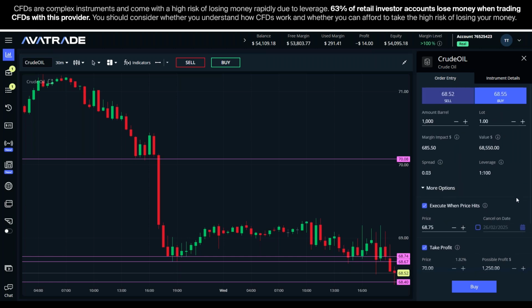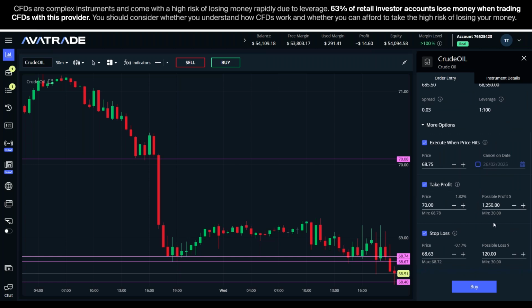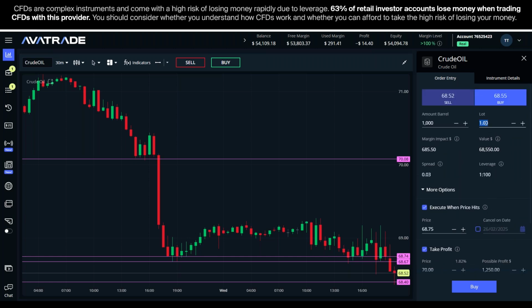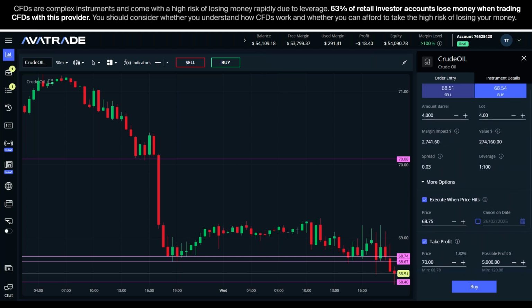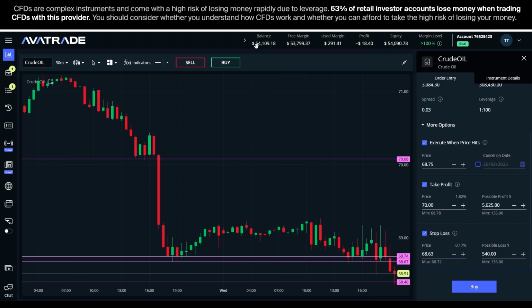If I do one lot, I'm risking only 120 to make 1,250. Can do 4 lots, I'm risking less than 1% to make 5,000. 4.5 lots, risking about 1% on the trade to try and make much more.